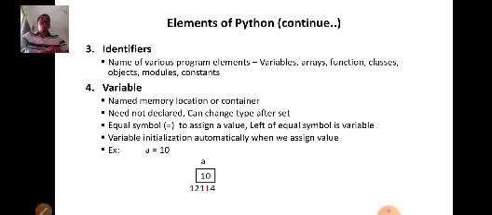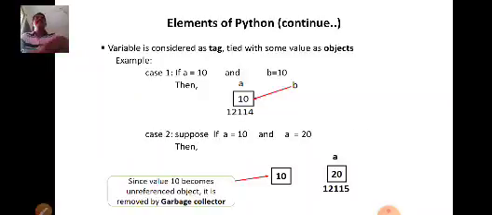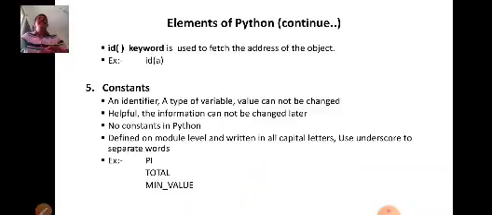The memory representation of a variable is associated with the name of the variable, and inside it contains the value of that variable. Each variable has its own address in memory. Here, id is a keyword in Python. It is used to fetch the address of the object.